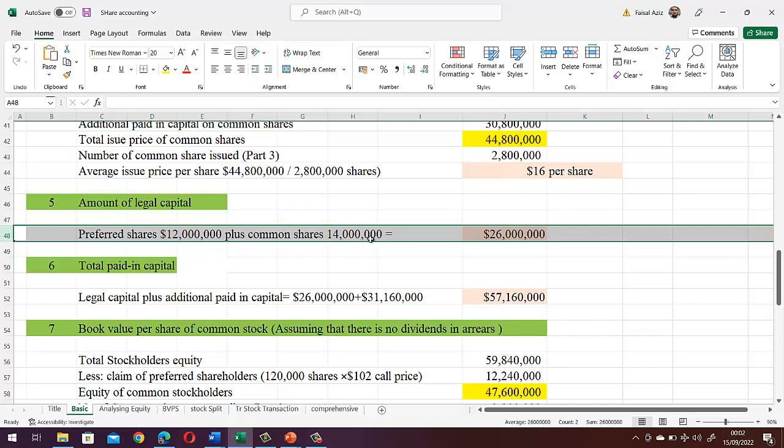When we add these two amounts together, it will give us 26 million, which is the legal capital. When it comes to total paid in capital, basically it is the sum of legal capital plus additional paid in capital.